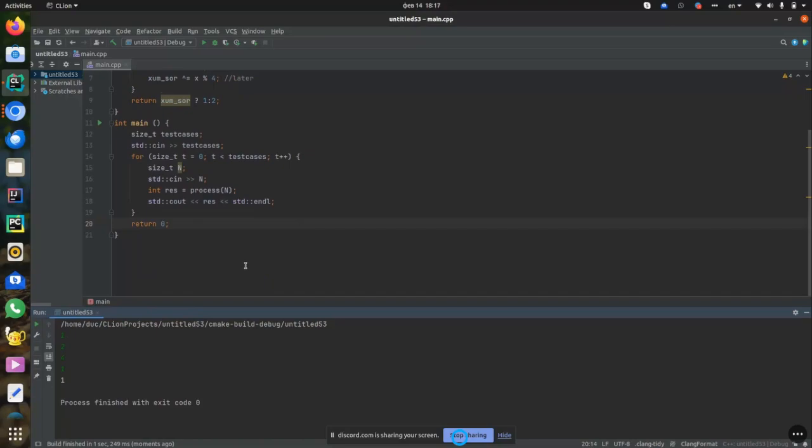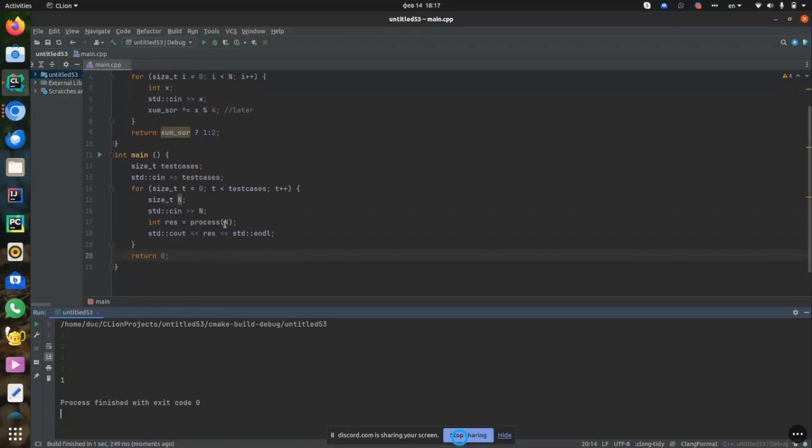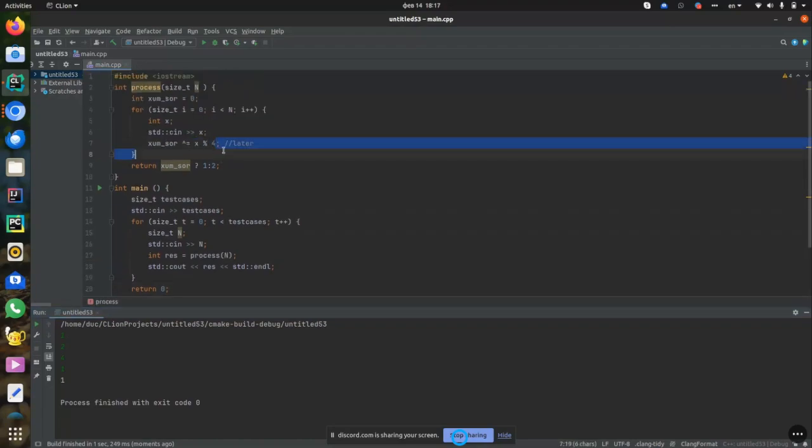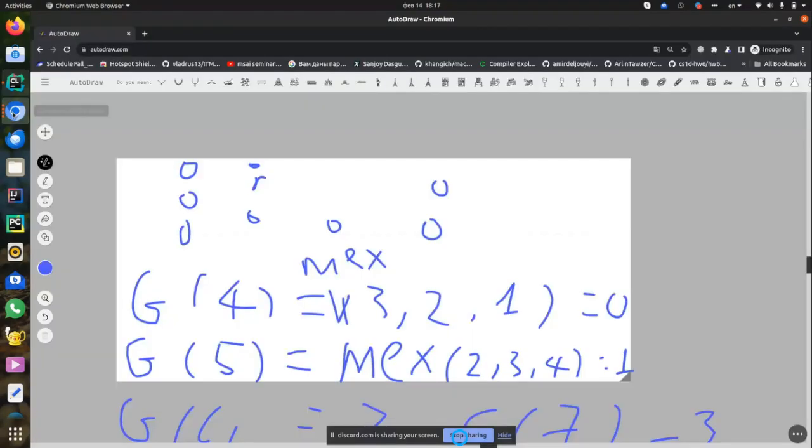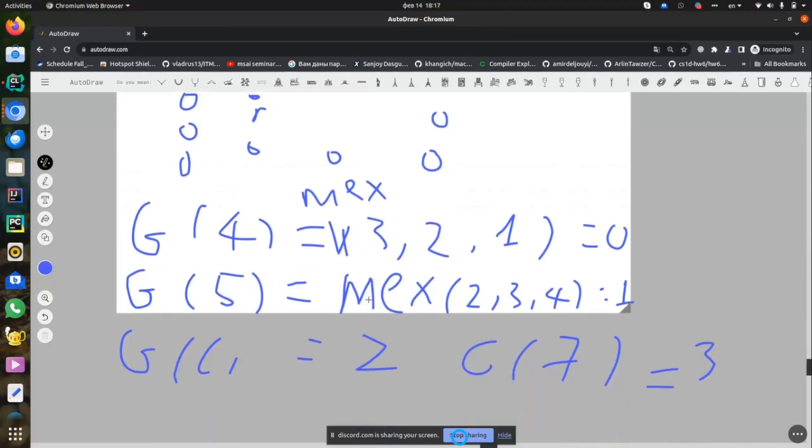Because we can take 3 stones from the first pile, and then it will be definitely a win for the first player. We're not going to prove it, but you can check it here.